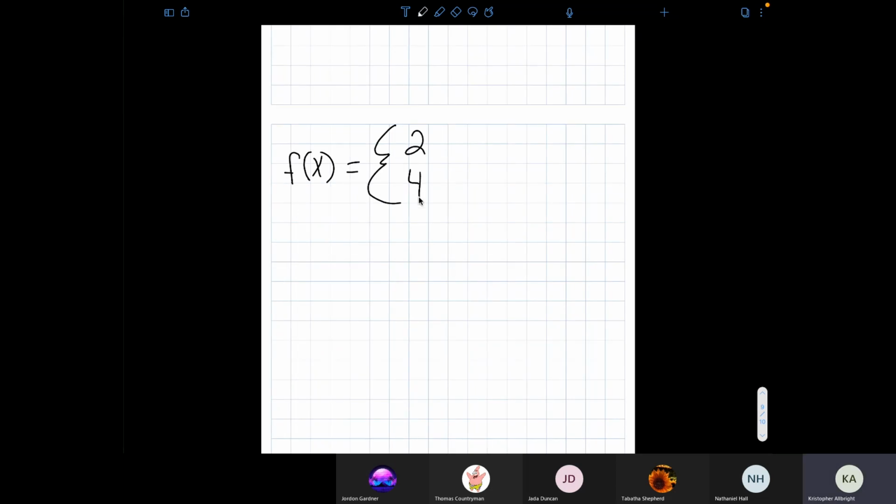All right, we'll do 2 and 4. This one will be a little simpler, but we're going to make this part more difficult. Okay, so this looks more difficult, but really we know how to handle it.